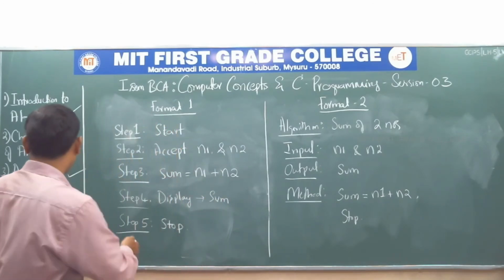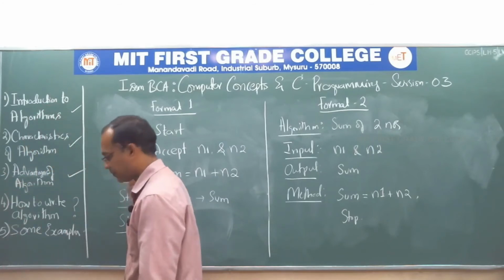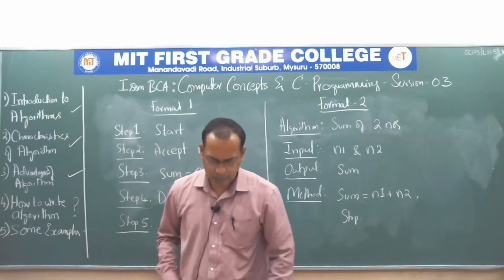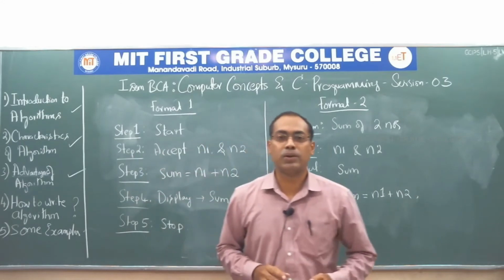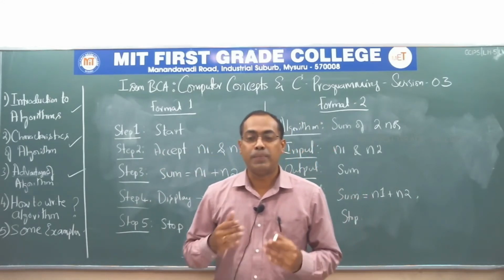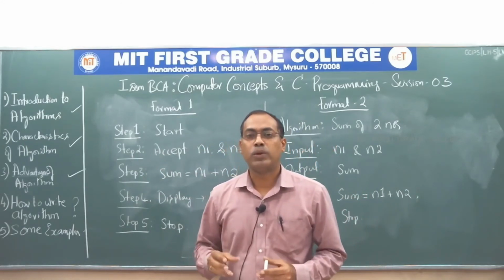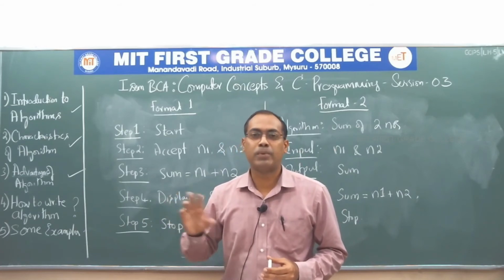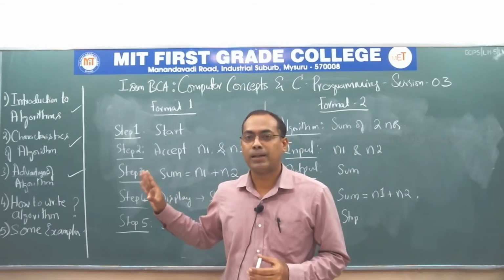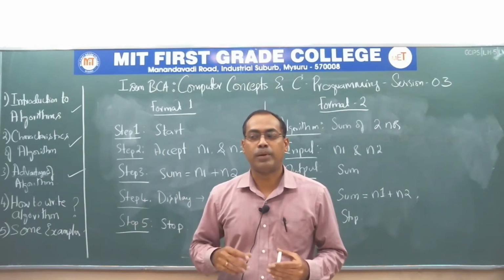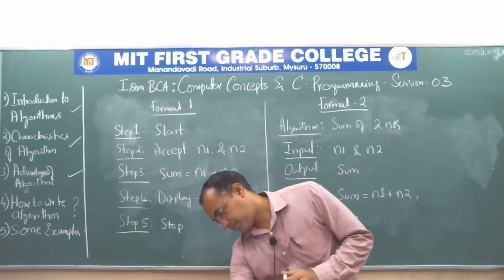Now we are going to work out some examples of algorithms, and these are very basic examples. Since you are all beginners to computer science, I am going to take up and solve simple problems to make you understand how we model the problem using algorithms.